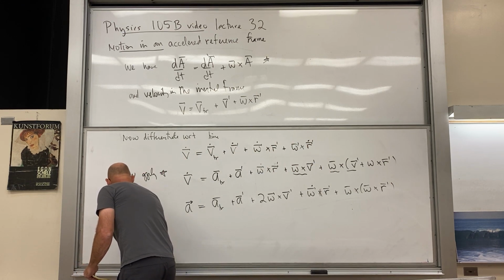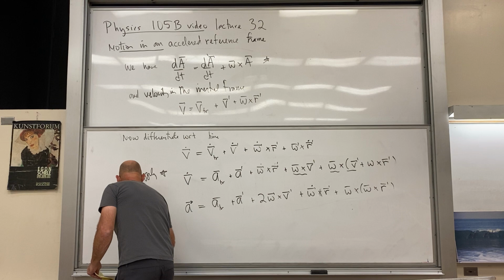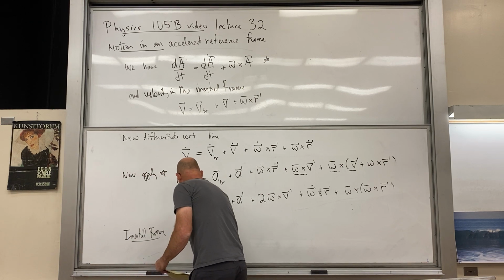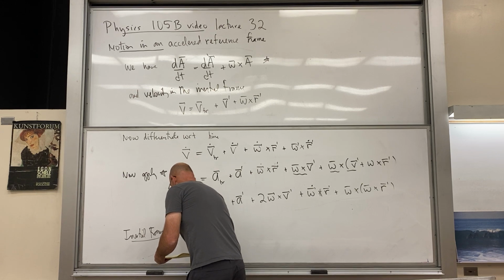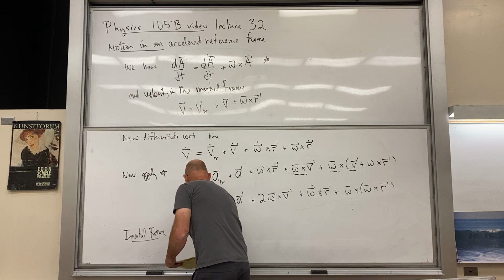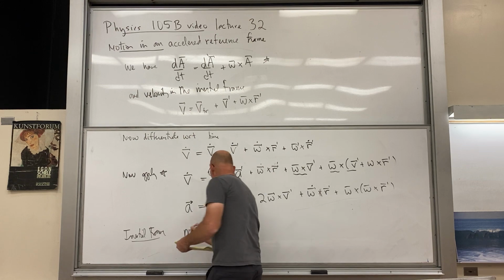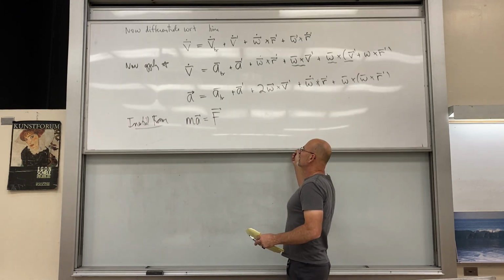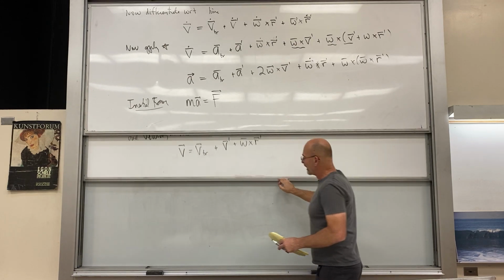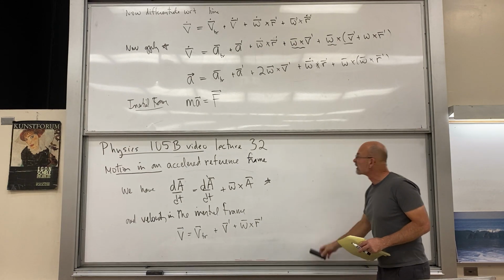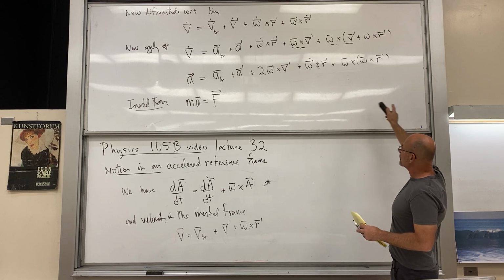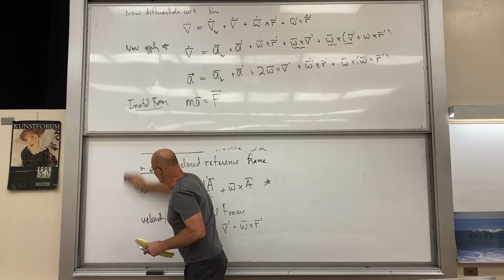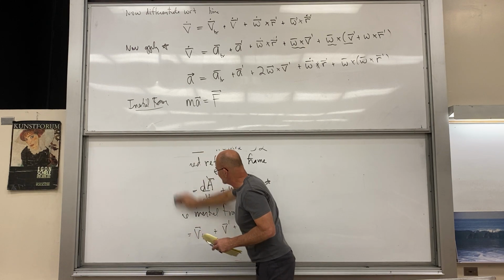So inertial frame, F equals ma. So m times a equals F. That's the simple form. Apparently we're going to have to subtract all of these extra terms to get the force law in the moving frame.